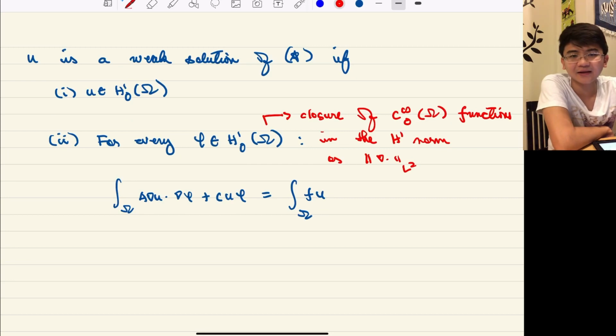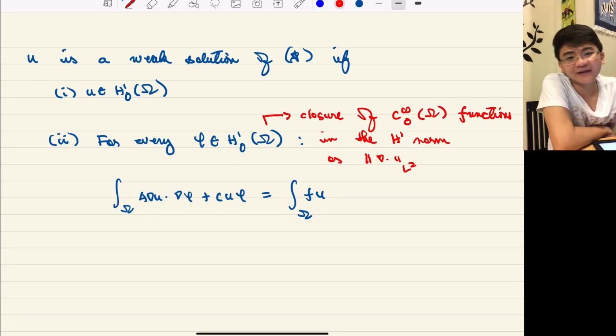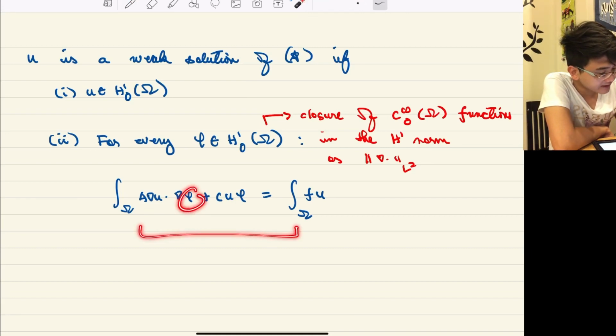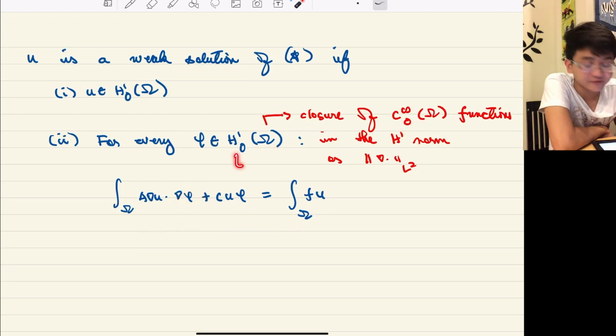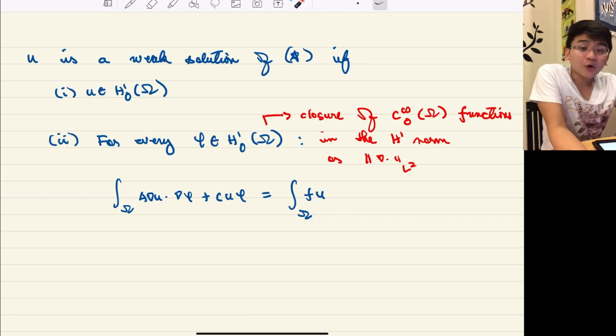And it's a technical thing that these norms are actually equivalent in H^1_0. Then you can argue by density that if you satisfy this for every phi here, by density this must also be true here. So might as well just check it for every function in H^1_0. Okay, so that is our weak solution.